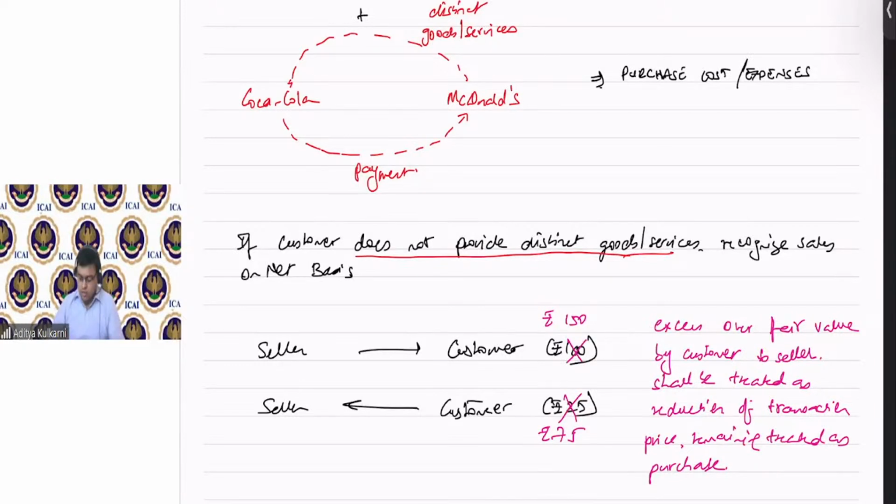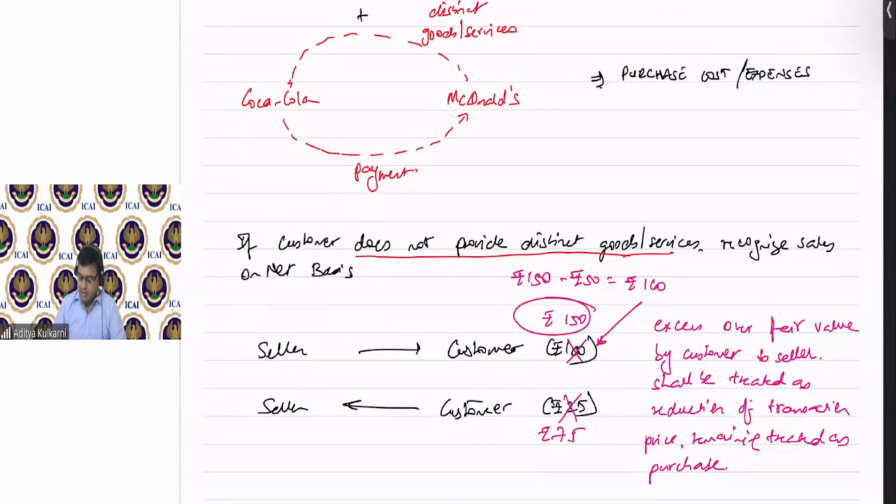Are we clear? So in this case, fair value is 25. 75 is the billing amount. Excess over fair value is 50. So what the standard says, excess over fair value 50, you will treat it as an adjustment to the transaction price. So 150 minus 50, it falls back to 100.